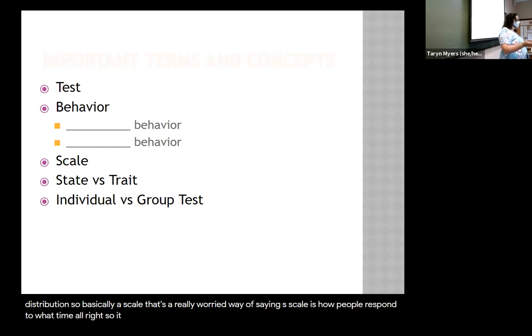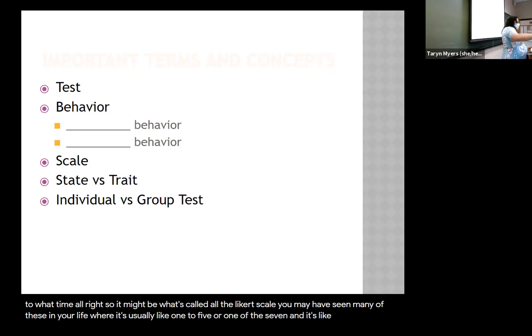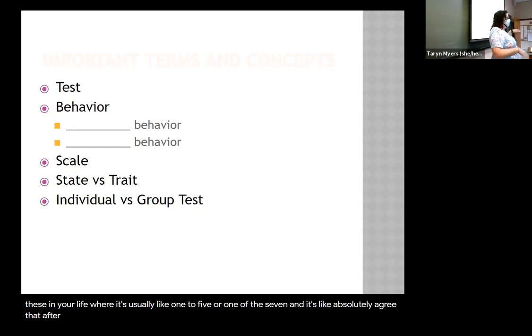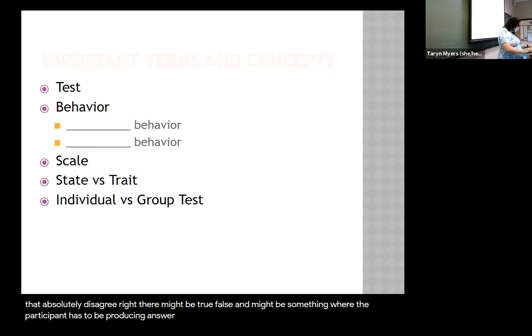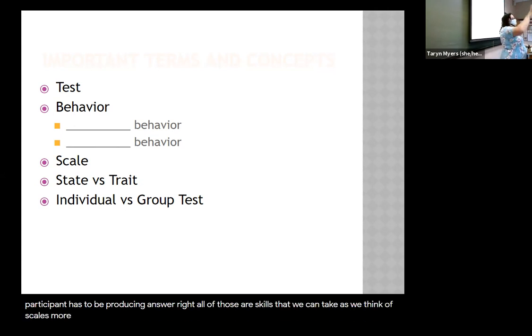It might be what's called a Likert scale. You may have seen many of these in your life, usually 1 to 5 or 1 to 7, from absolutely agree to absolutely disagree. Or it might be true/false. It might be something where the participant has to produce an answer. All of those are scales, but we typically think of scales more as those Likert type things.